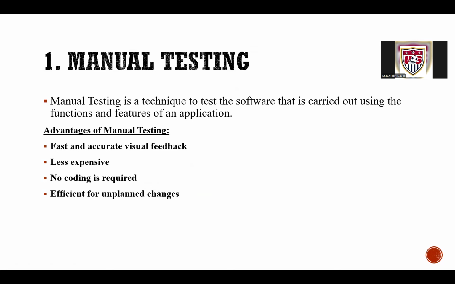What is manual testing? Manual testing is nothing but testing the software by carrying out the functions and features of the application, which means manual testing checks for defects in the software.